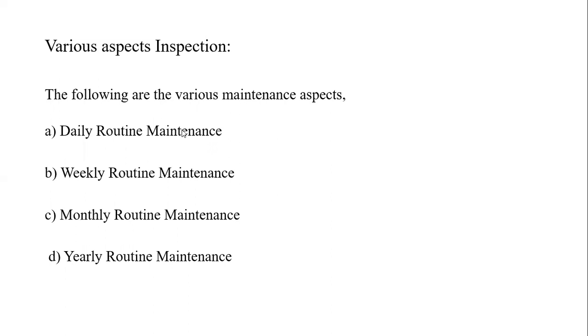And next one is various aspects of an inspection. It includes four parts: daily routine maintenance, weekly routine maintenance, monthly routine maintenance, and yearly routine maintenance.